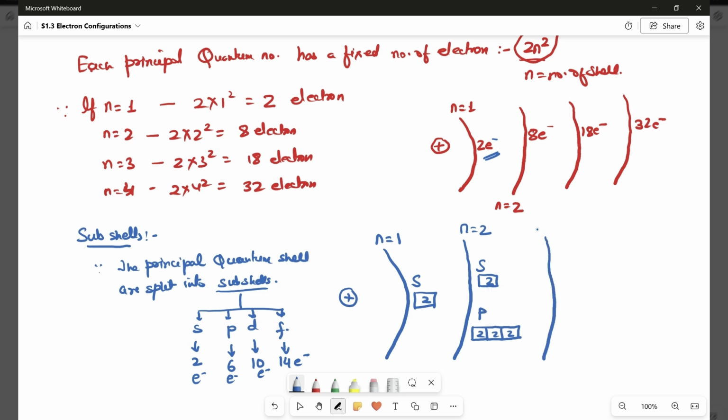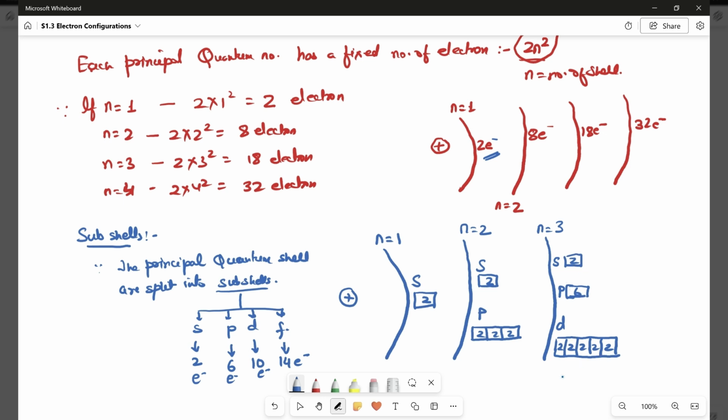Now the next, when n is 3, we have s in which 2 will go, p in which 6 will go, d in which 10 will go, right? There are five orbitals, and in each, two electrons will go. So the total is 18.